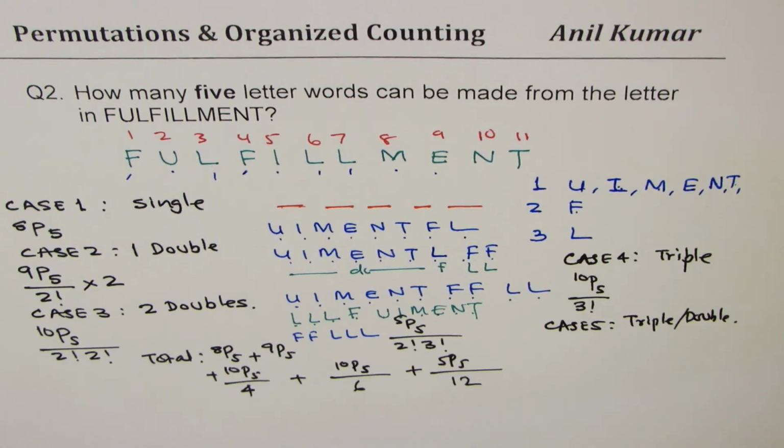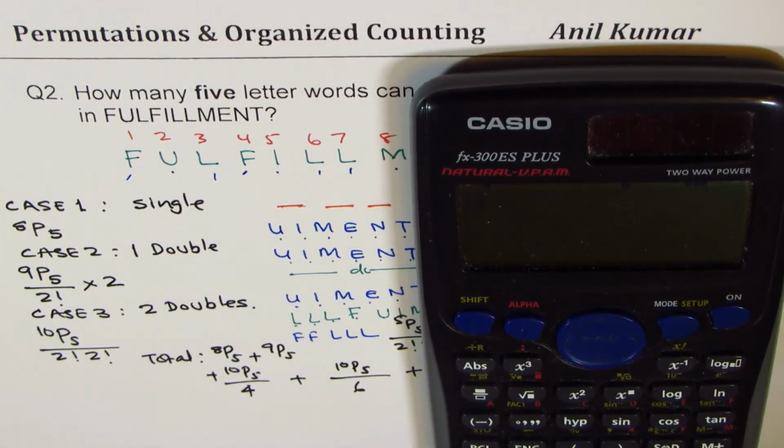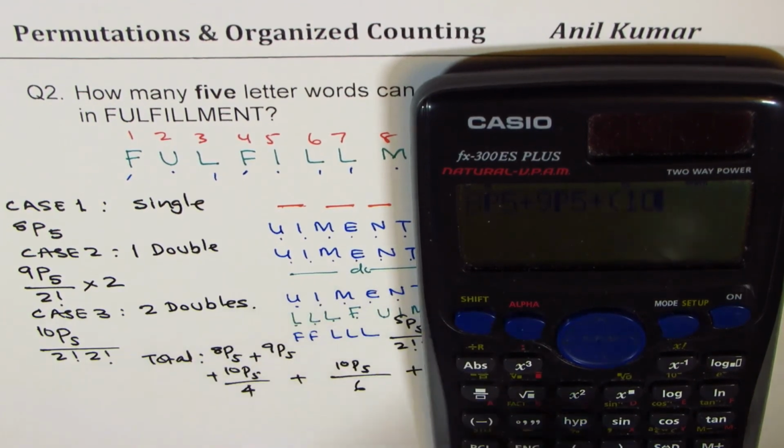Let's add them and get our answer. So 8P5 plus 9P5 plus 10P5, and we'll put them in brackets this time: 10P5 divided by 4, bracket close, plus 10P5 divided by 6, bracket close.